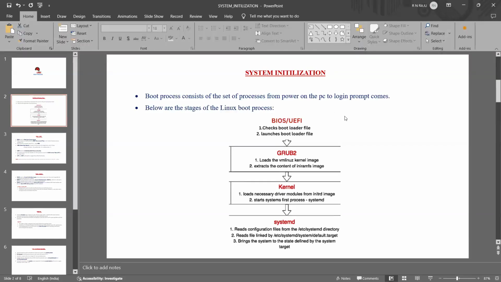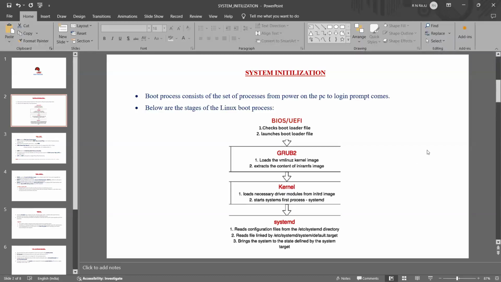A Linux system crosses several stages: BIOS stage, GRUB stage, kernel stage, systemd stage, or init stage. If you don't know BIOS and UEFI, at least tell them BIOS, GRUB or GRUB2, kernel, systemd. Then give 2 or 3 important points at each level: GRUB level, kernel level, systemd level.